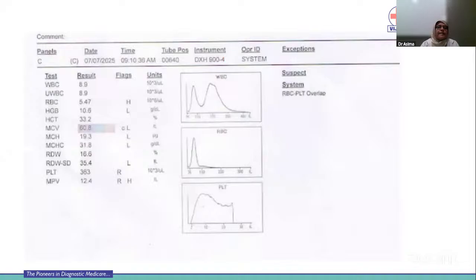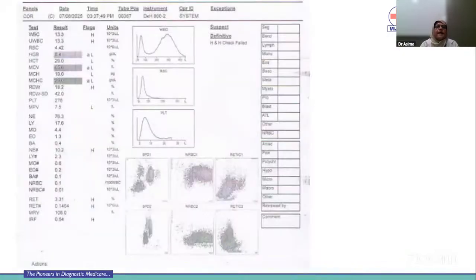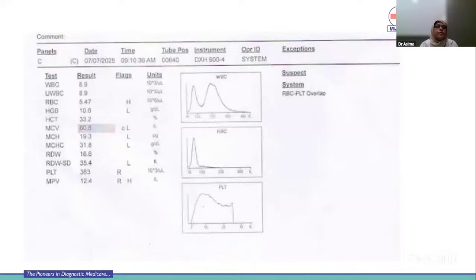How do we differentiate a microhypo picture with low hemoglobin, and if it is a thal trait? Herein we see RBC count to be low, whereas in our practice we usually see that RBC is high in case of thal traits.